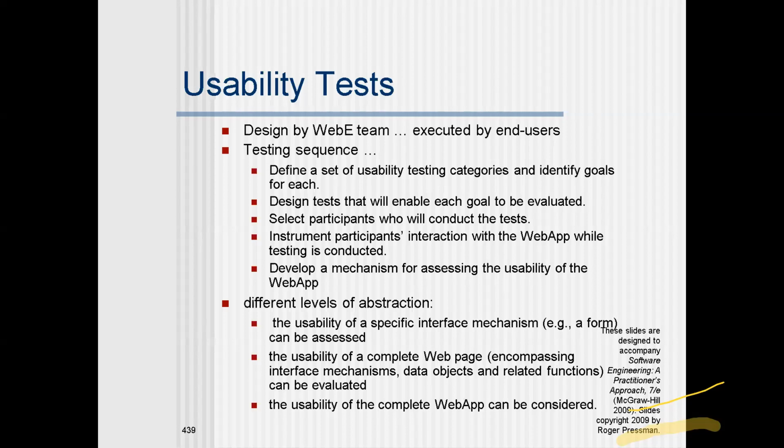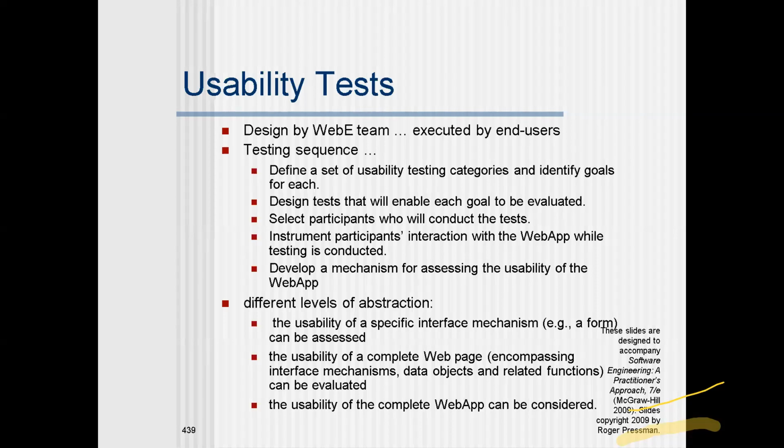Next is different levels of abstractions at which you're supposed to test the usability. Number one, a form. So how is the form being done? For example, a Google form. So is it getting all the possible information that is required? Then the complete web page.